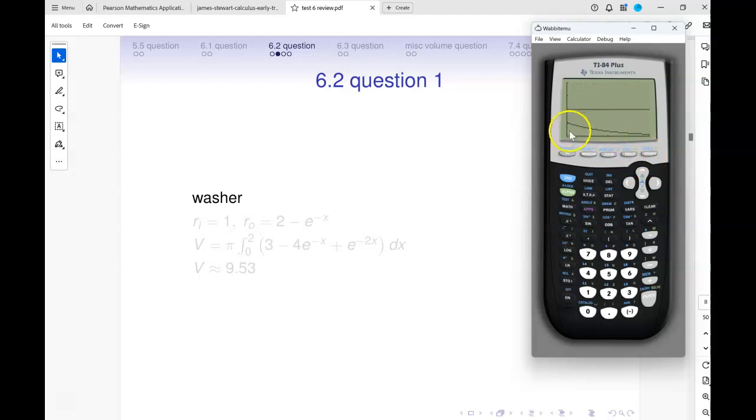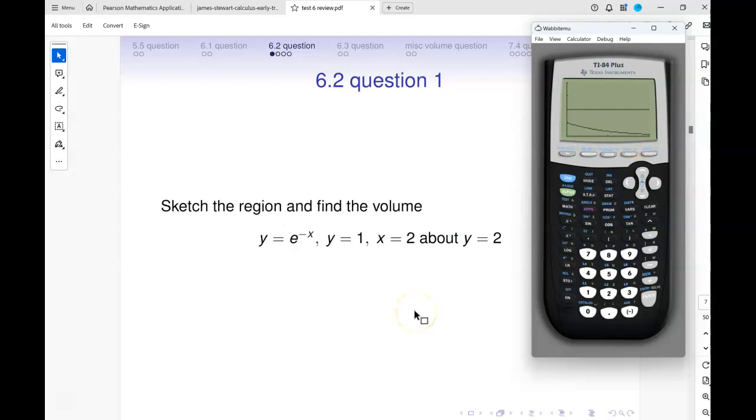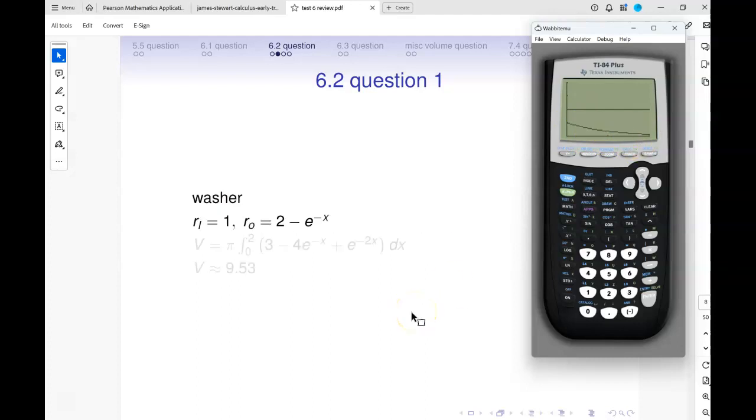So this is like your shaded region here. You have to do them separately. It's r outer squared minus r inner squared. Wait.